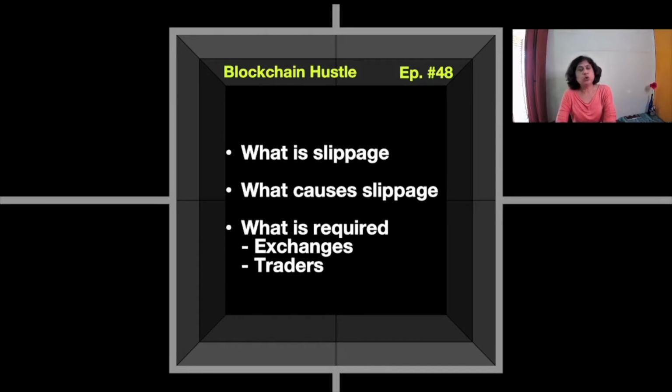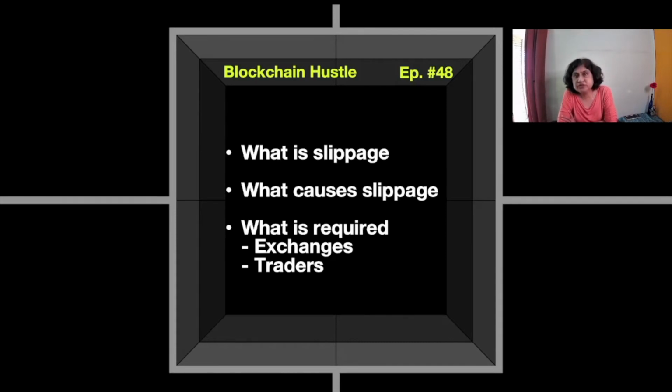Next, we come to what causes slippage. I would put it as two main categories. The first one is when there is a change in the bid-ask spread in the period between when the trade is placed and when the trade gets executed. Just as a recap, what is the bid-ask spread?